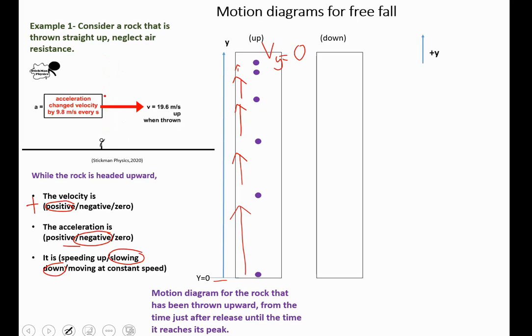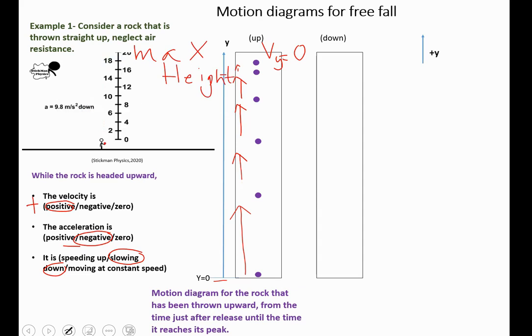Therefore, at maximum altitude, so this is the maximum height or altitude, the object's velocity will become zero.